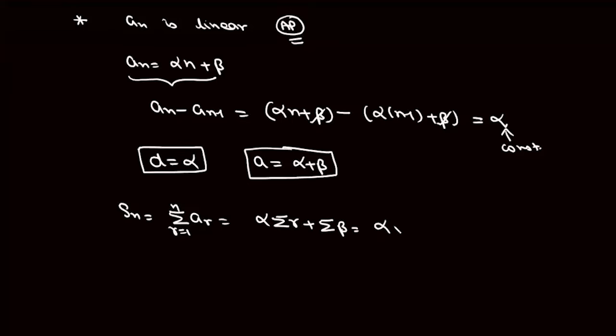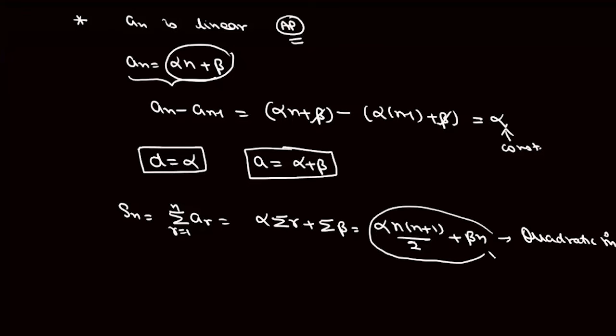So it will be this alpha n into (n plus 1) by 2 plus beta n. So it will be a quadratic in n. So for an AP, its general term should be linear, and its partial sum will be quadratic in n with no constant term.